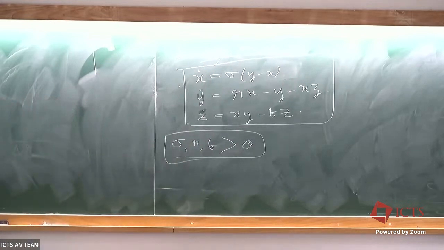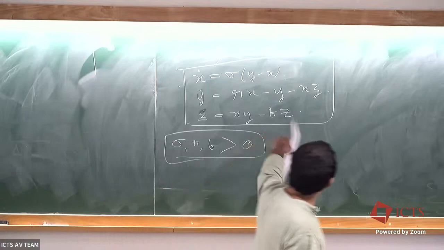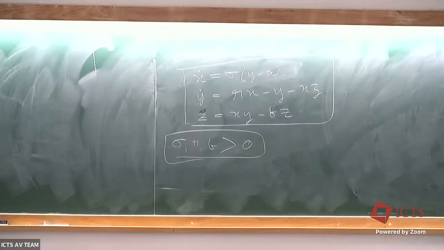So you see, this is very similar to the form we derived for the chaotic water wheel together. This is known as the Lorentz model. It's one of the most foundational, canonical models to look at chaos.